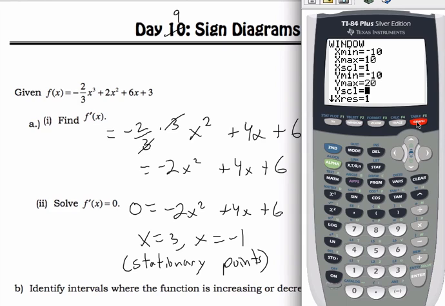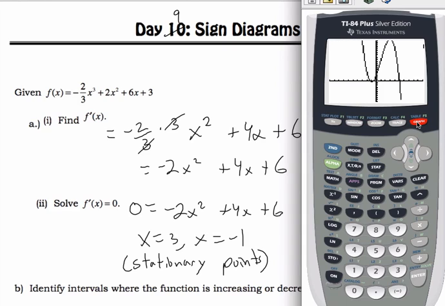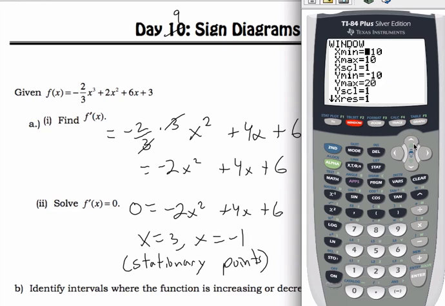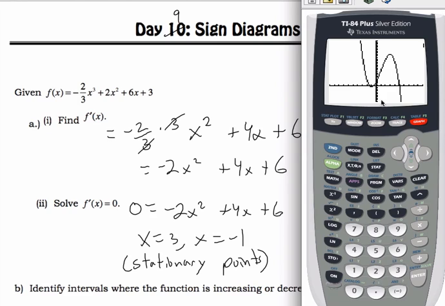Then I'll go to Graph. Oh, maybe actually even 30. Okay, now I can see this minimum and this maximum, the stationary points. The first one is at -1, the second one is at 3, and I can see where everything is increasing and decreasing now.